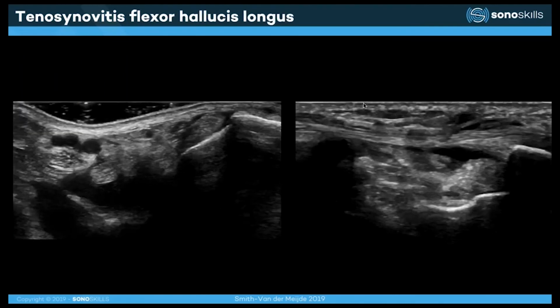So here we can see a tenosynovitis of the flexor hallucis longus. We can see that the flexor hallucis longus is swollen.